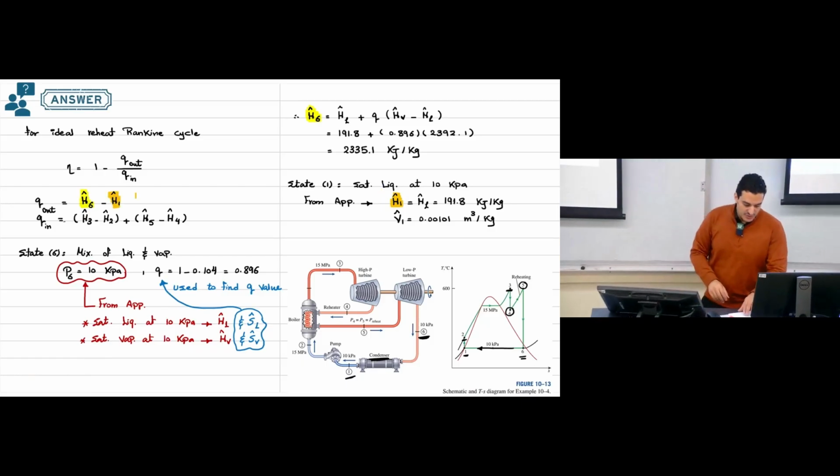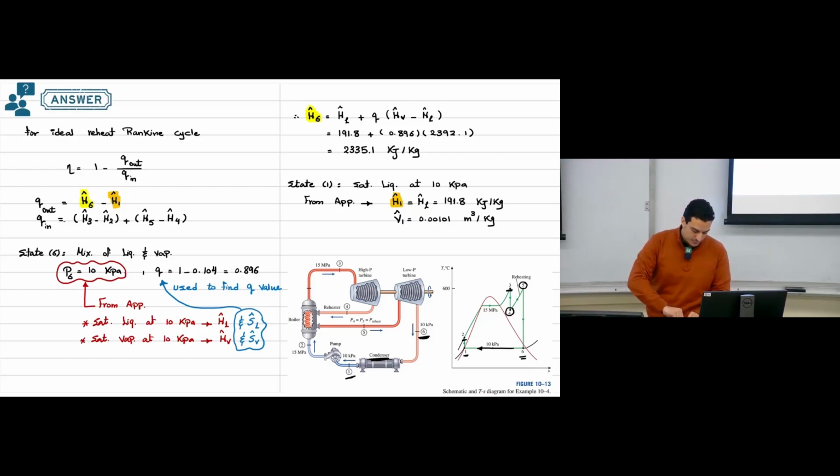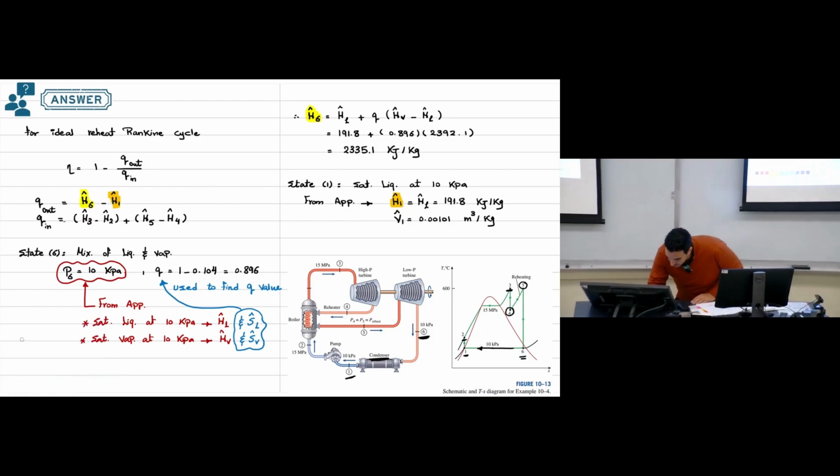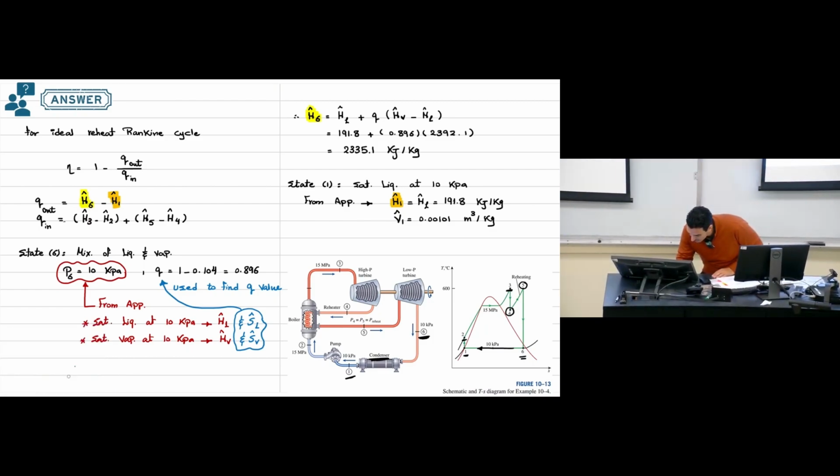So now based on this information, I can use enthalpy at point number 1 and enthalpy at point number 6, substitute in the Q out equation, and then you can say this one equals 2335.1 minus 191.8.